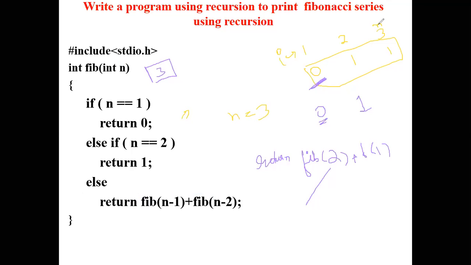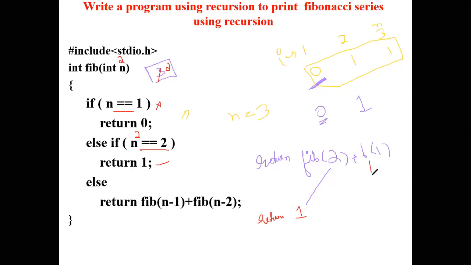We are making the call to the function with the value 2. So it will check the condition 2 is equal to 1, the condition fails. 2 is equal to 2, yes, the condition is true. It returns the value 1. So return 1.